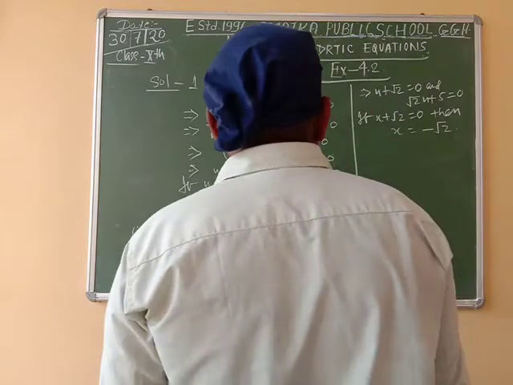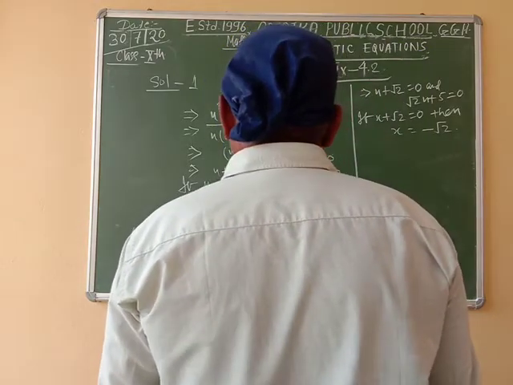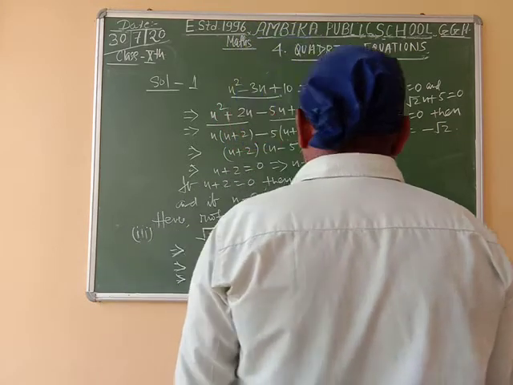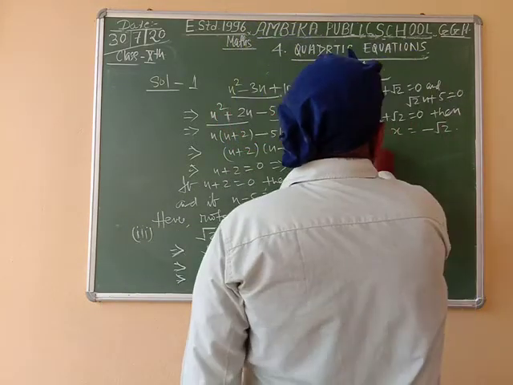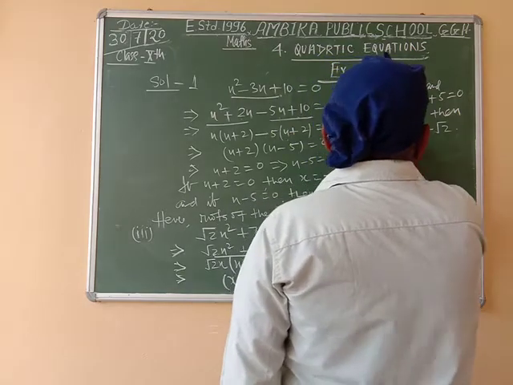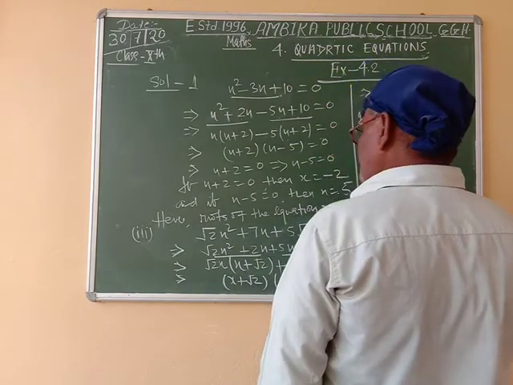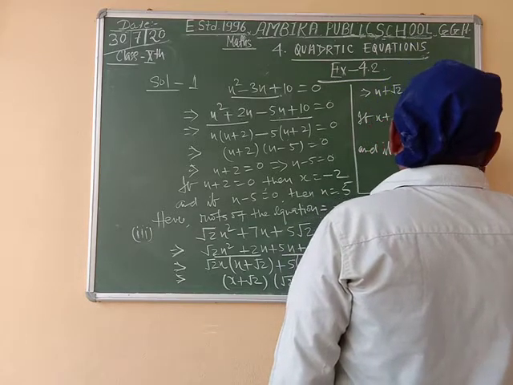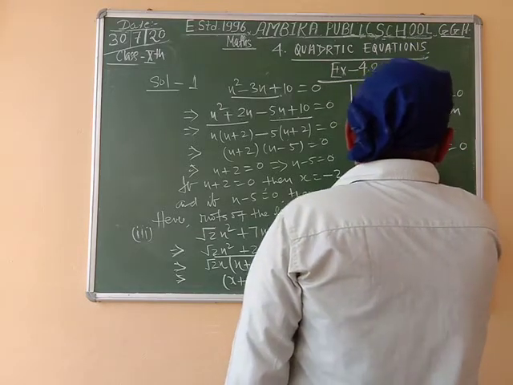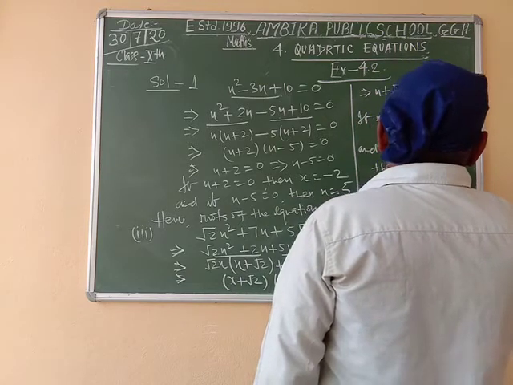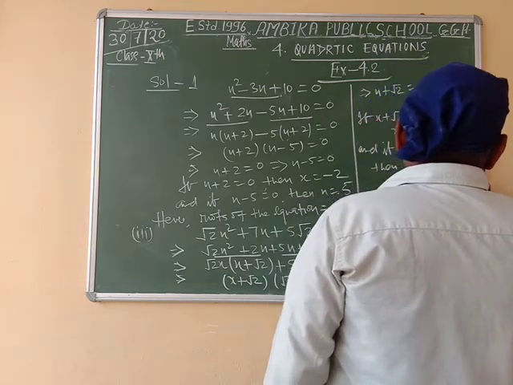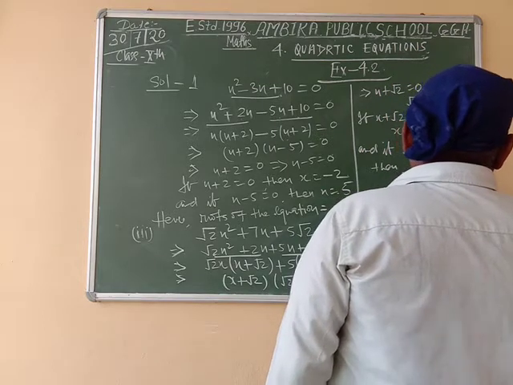And if root 2x plus 5 is equal to 0, then root 2x is equal to minus 5, x is equal to minus 5 by root 2.